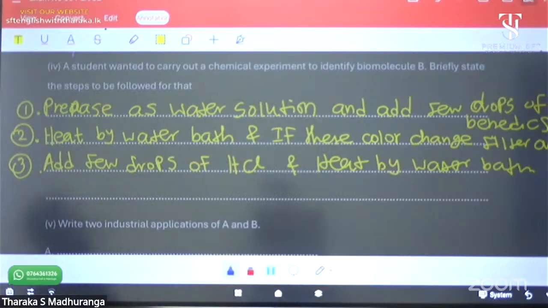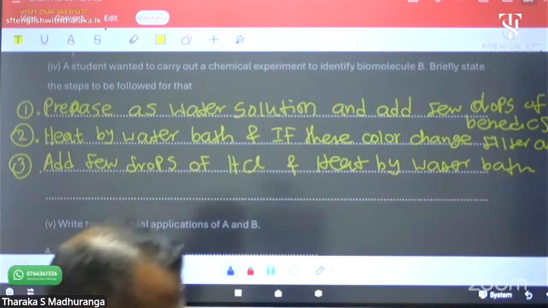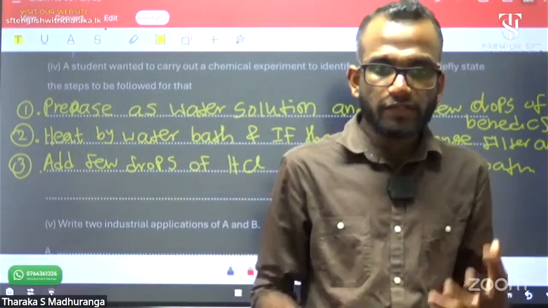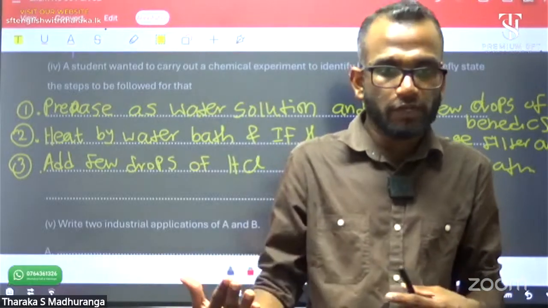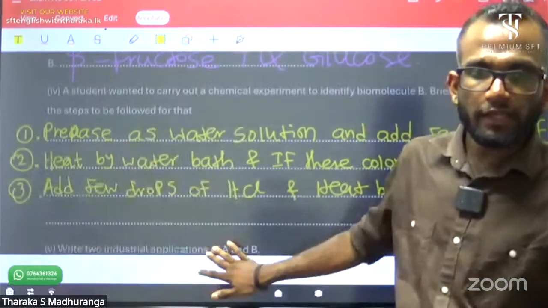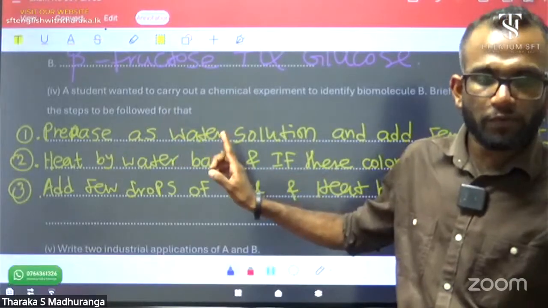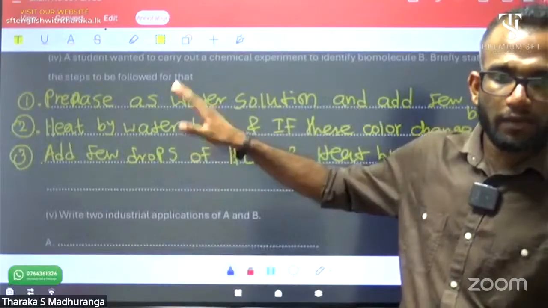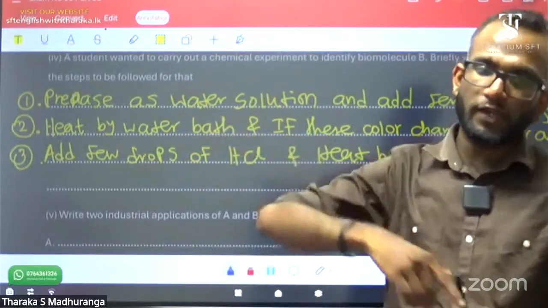Very good job. The non-reducing sugar, sucrose, is hydrolyzed and converted into simple sugars, alpha glucose and beta fructose. These are reducing, so if we do the above step on them, we can identify them.